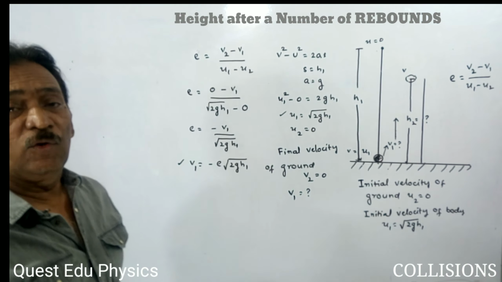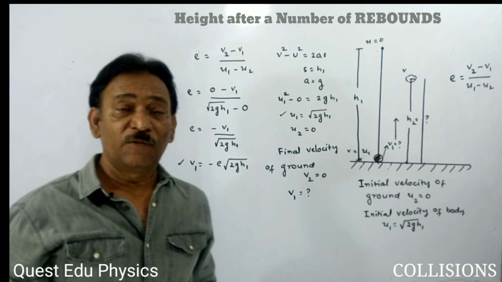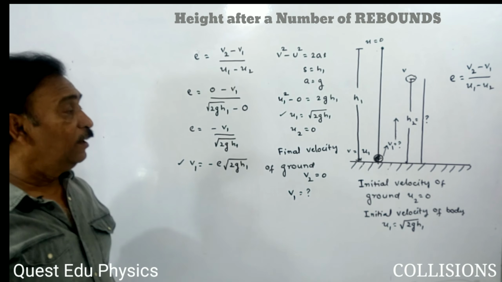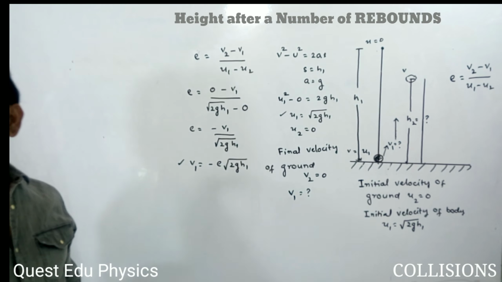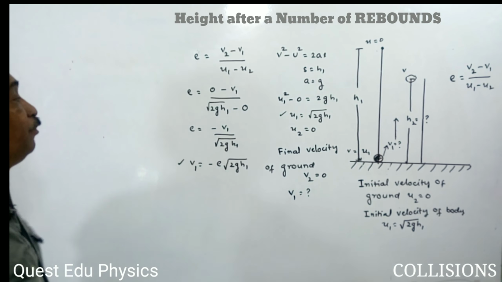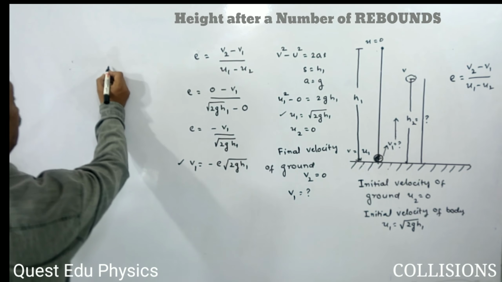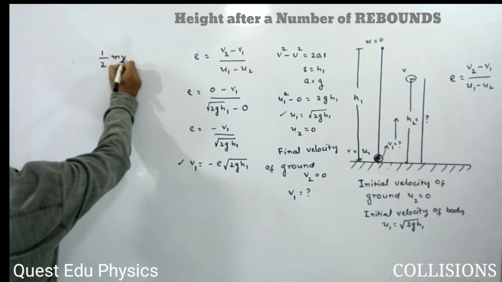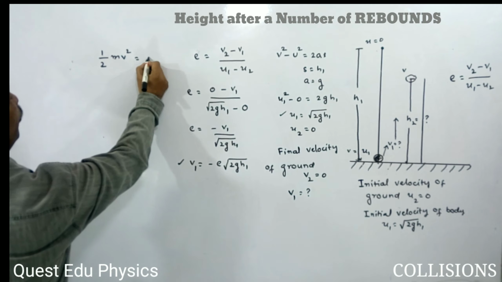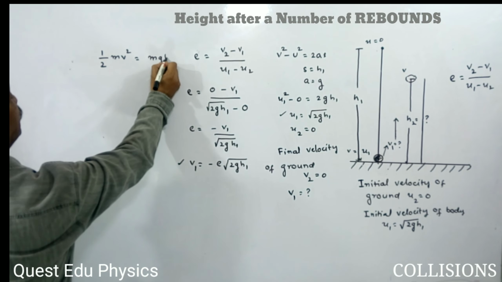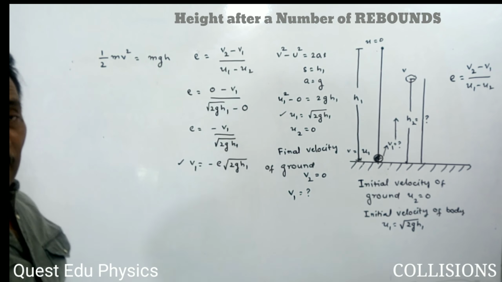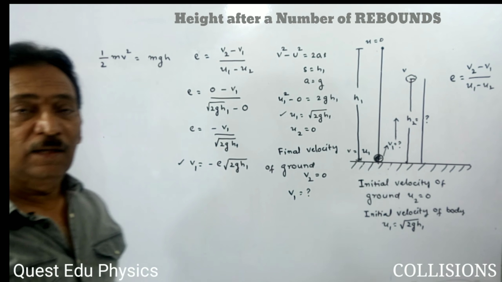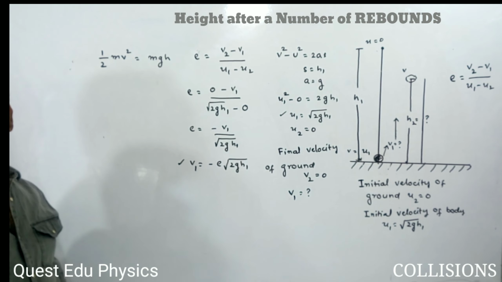Okay students, now we are using the law of conservation of energy to find the height to which the body is raised. Then what is the law of conservation of energy? Change in kinetic energy is equal to potential energy. Kinetic energy and potential energy are interchangeable.